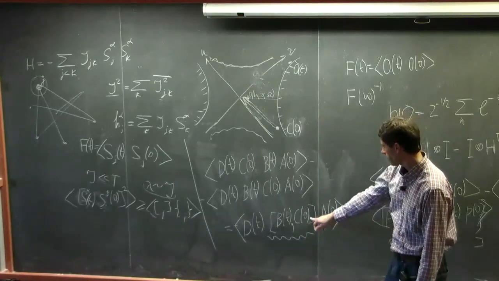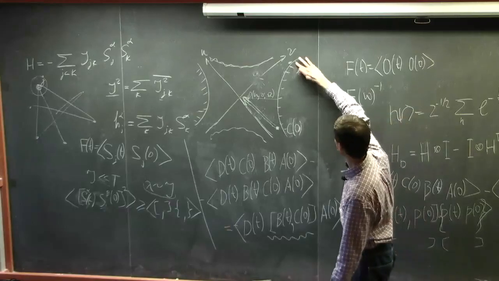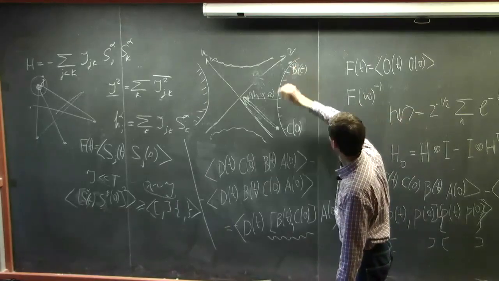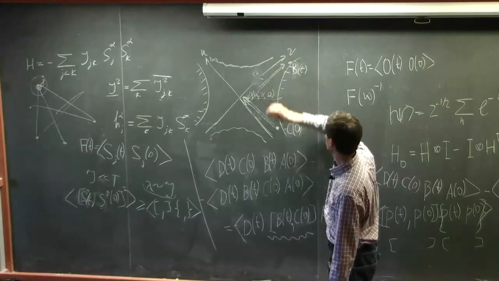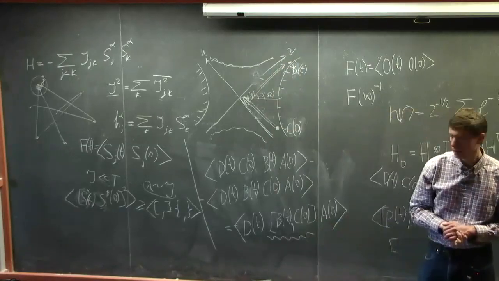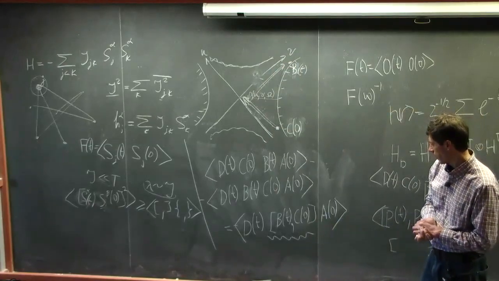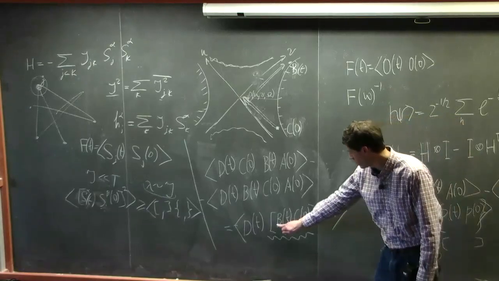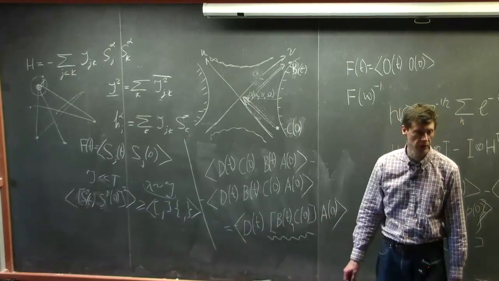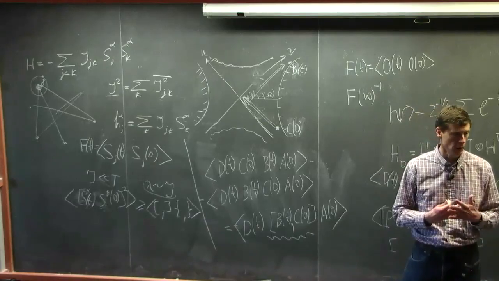And later, at time t, we capture some field modes. And if we just calculate this commutator average, it will be 0, because these two modes are unrelated.